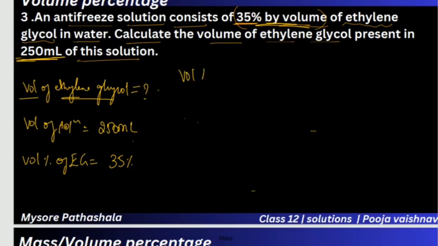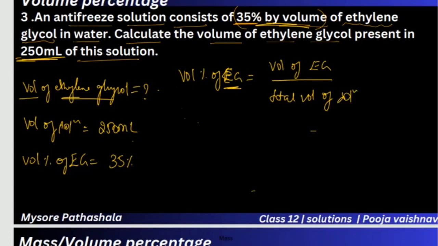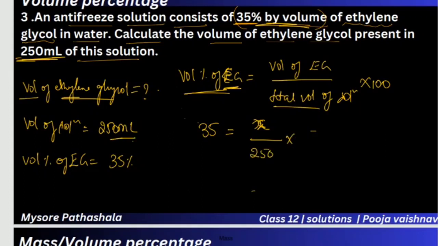Volume percentage, considering we are finding it for ethylene glycol only. As we know, if this is a component, then the volume of ethylene glycol is taken here divided by total volume of solution into 100. This value is already given: 35 equals volume of ethylene glycol, which we need to find out, so we'll put it as X, divided by the total volume of solution, also given, 250, into 100.